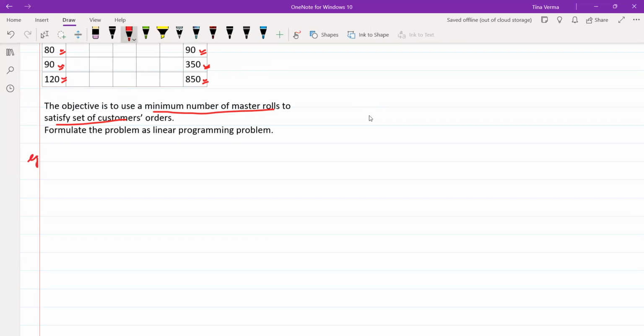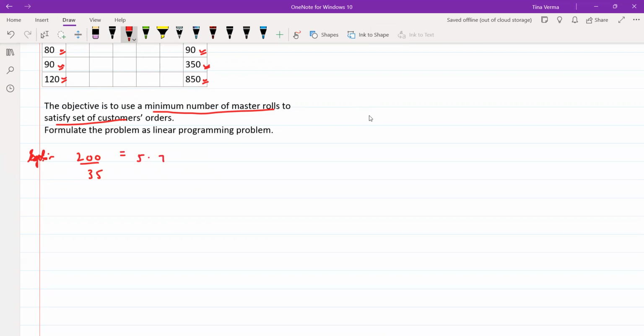So how can we start in this case? We will start with the 35 centimeter. I have a roll of 200 centimeter, right? So from 200 centimeter, I have to cut roll of 35. It is coming out to be 5.7.